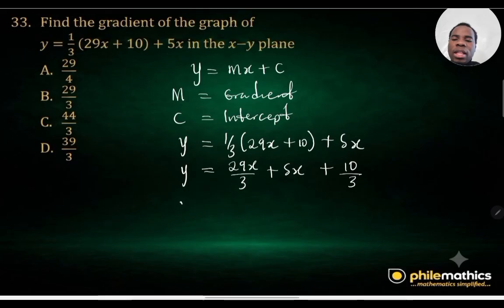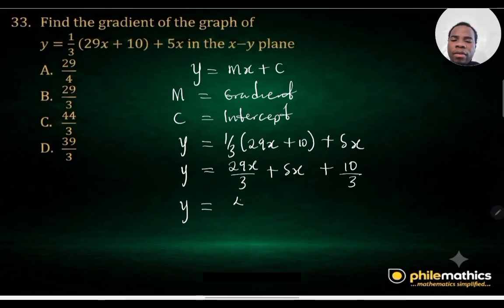If I add this together, I just simply multiply 5x by 3, add it to 29x, and then divide by 3. 3 times 5x is 15x. 15x plus 29x. You could say 15x plus 30x is 45x, subtract the one you added before.